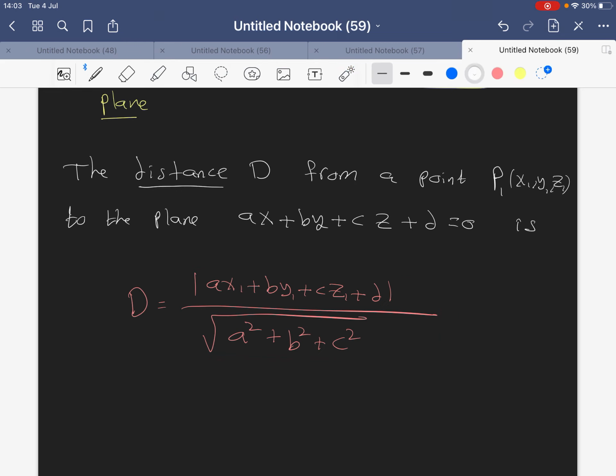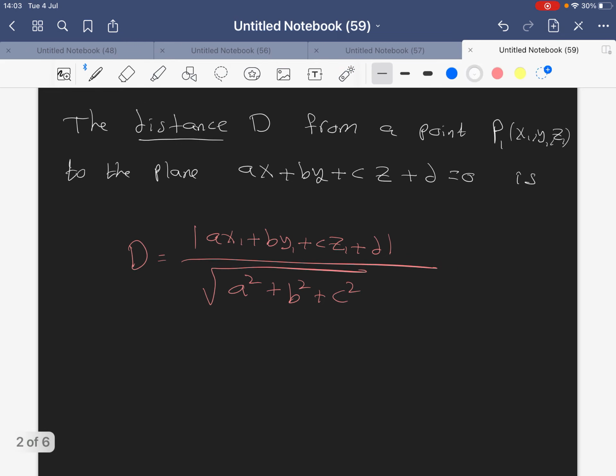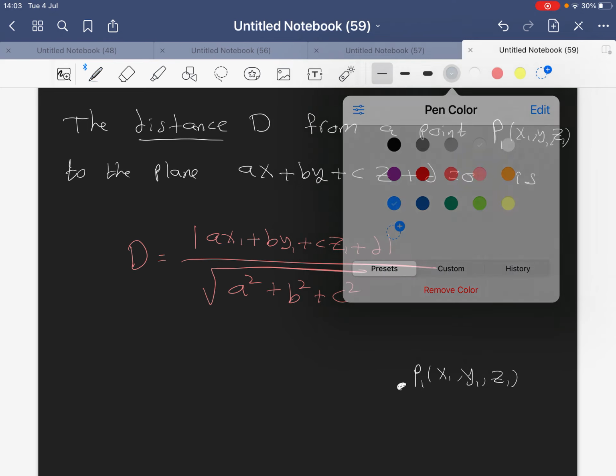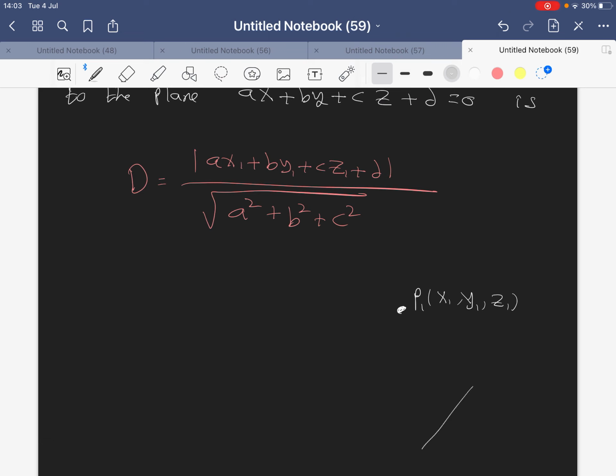Before I explain the formula, let's do a little bit. This is my point, P1, x1, y1, z1. And imagine we have a plane, which is here. This is the plane.